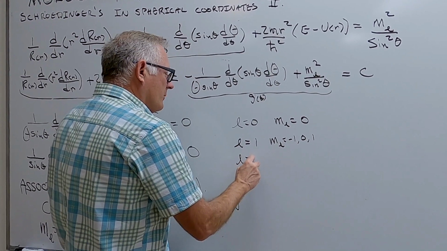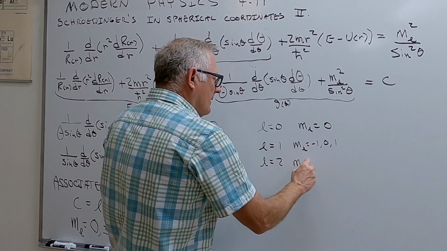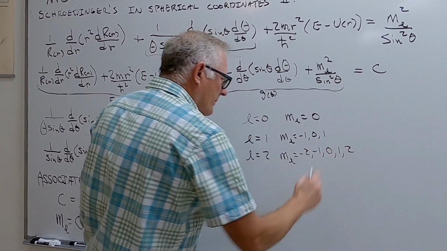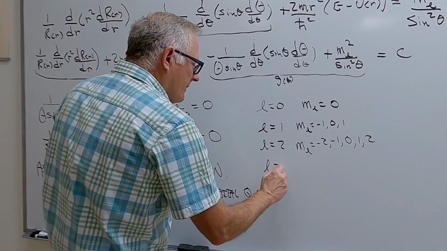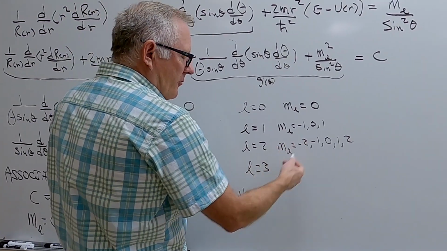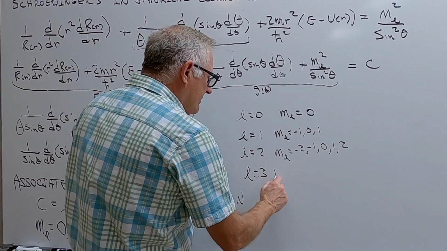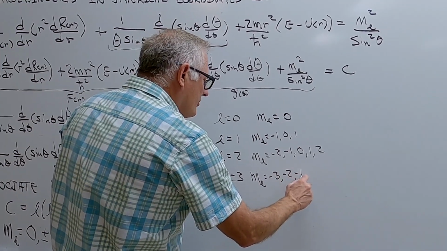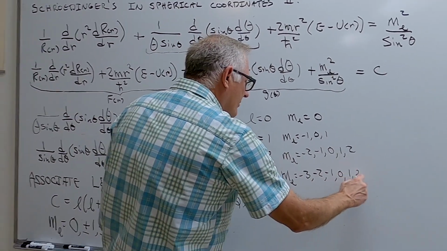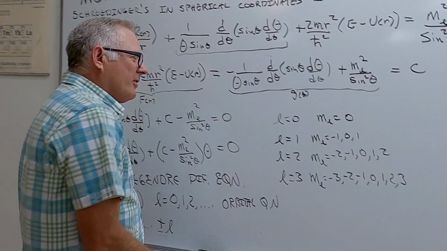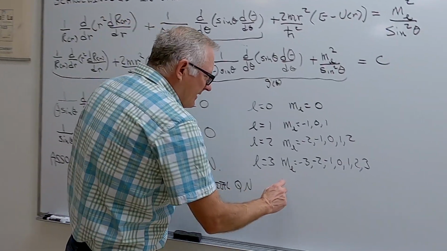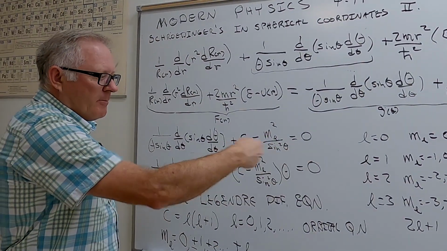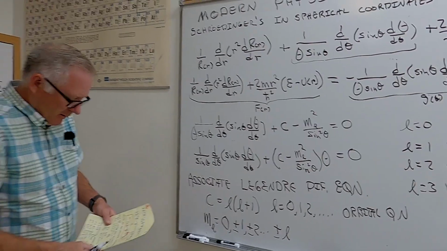If L is equal to 2, m sub l can be minus 2, minus 1, 0, 1, 2. L equals 3, and so on: m sub l equals minus 3, minus 2, minus 1, 0, 1, 2, 3. Depending on what L is, you get 2L plus 1 total m's.